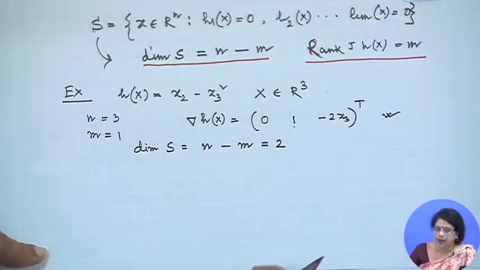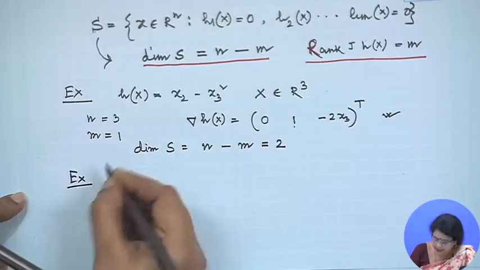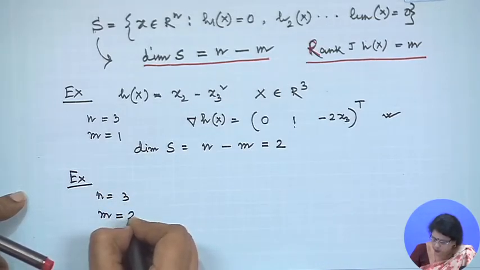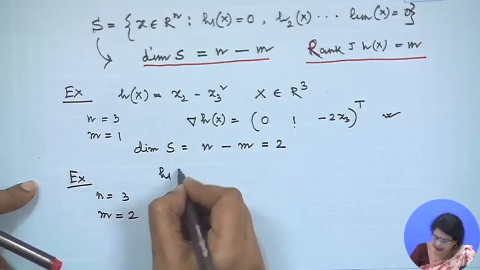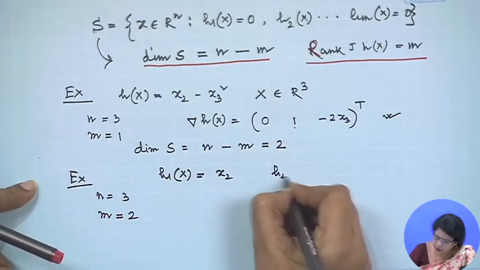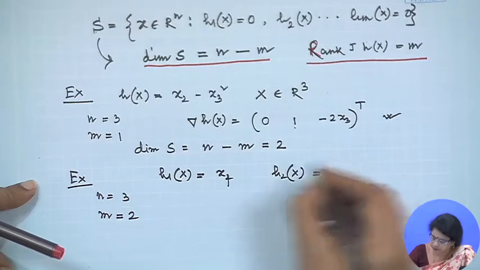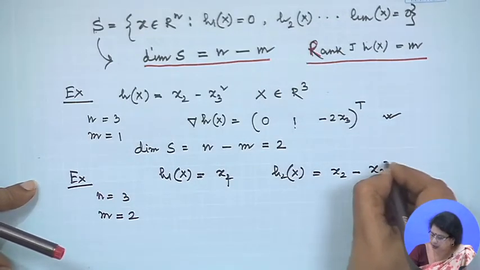Now, in the next example, n is equal to 3, but m is equal to 2. We have two constraints together. One constraint is h1(x) equal to x1 and h2(x) is equal to x2 minus x3 squared.